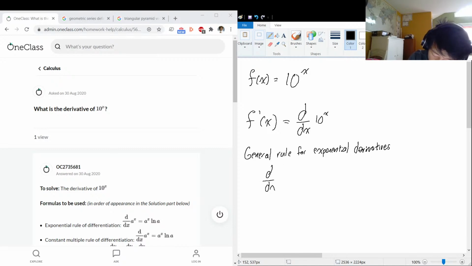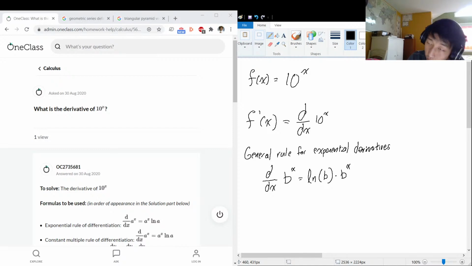d over dx of some base to the power of x is equal to the natural logarithm of the base multiplied by the base to the power of the same thing.